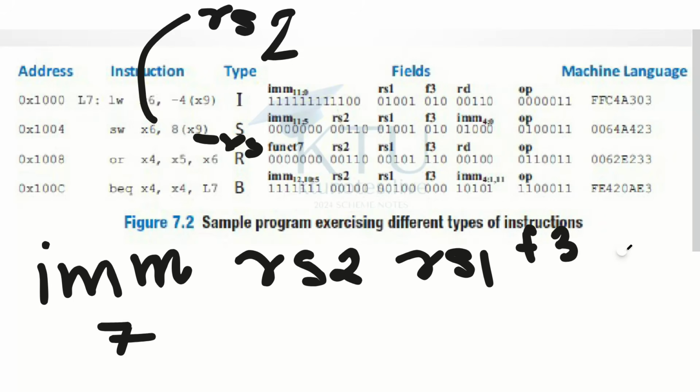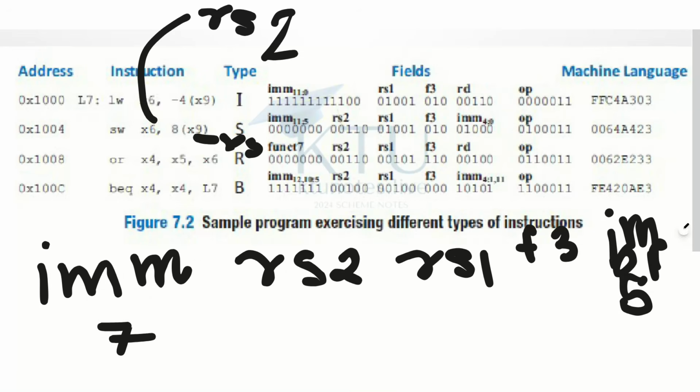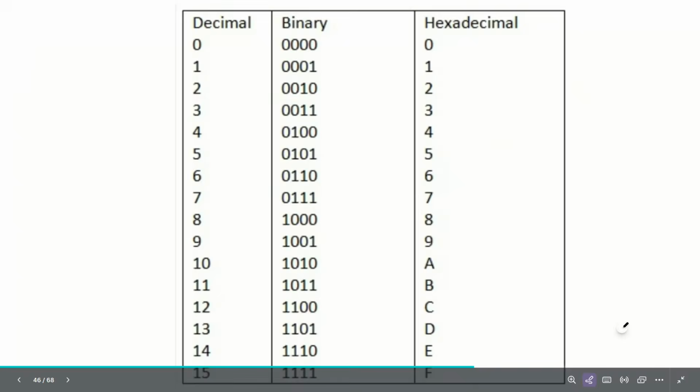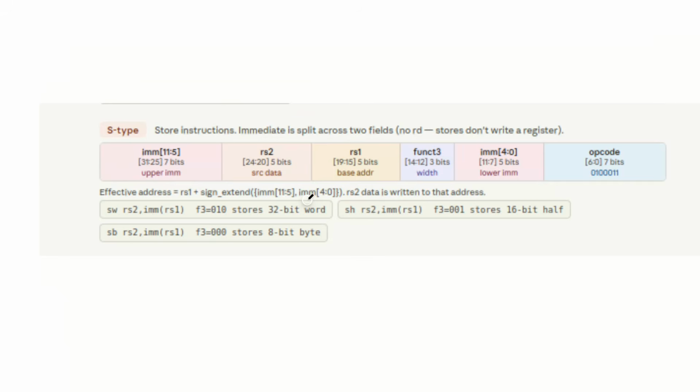Then immediate is split here, first 7 bits here, then the next 5 bits here, then you have the opcode. So what is the format of this store? It is S type. The store's format is this: the immediate is split, first 7 bits here, later 5 bits here, then you have the RS2 and RS1 values, function 3 values and opcode.